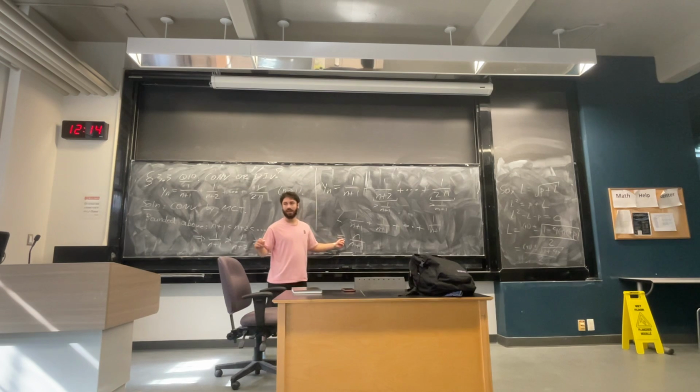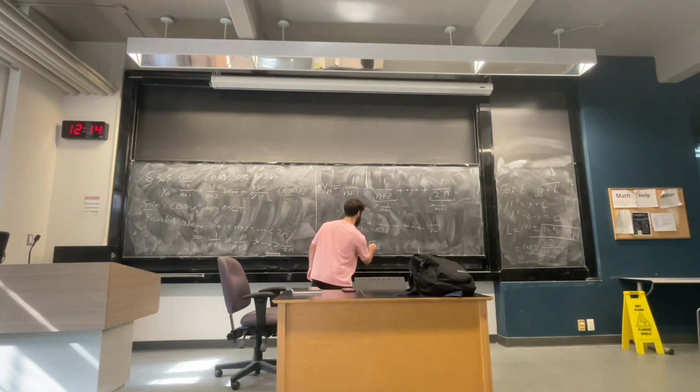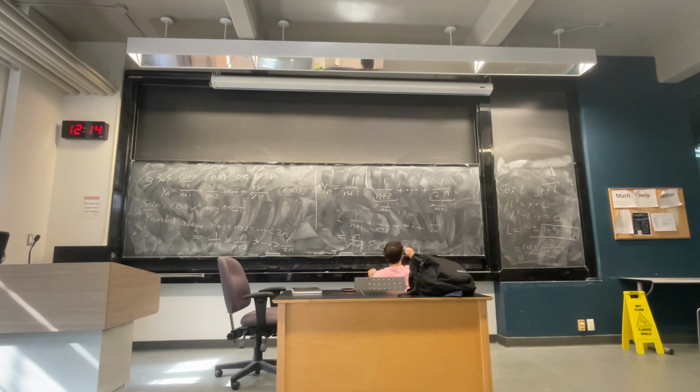And n divided by n plus 1, that's less than 1. Good. So an upper bound is 1. Good.